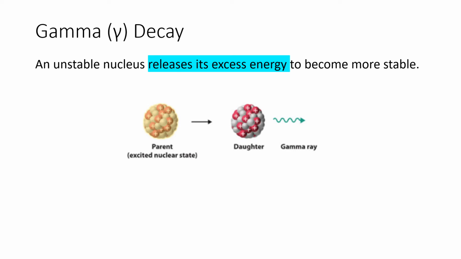Since gamma rays are high-frequency electromagnetic waves and have no mass or charge, we can simplify its general equation as shown. After gamma decay, there is no change in proton number and also nucleon number for the parent nucleus and also the daughter nucleus. It is just the nucleus becomes less energetic after the decay.